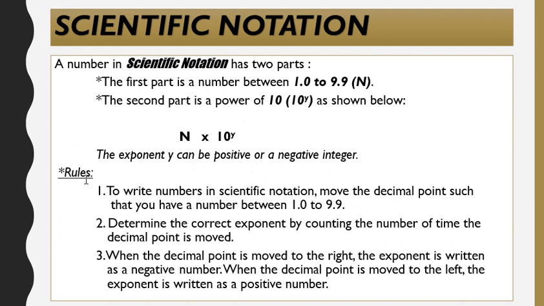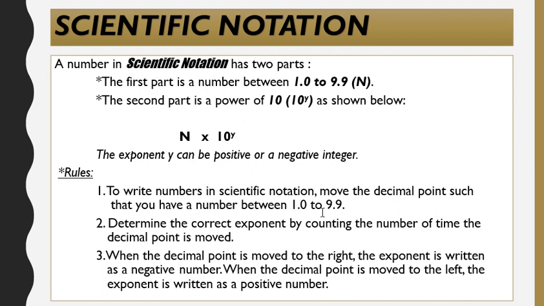Now, what are the rules? First, to write numbers in scientific notation, move the decimal point such that you have a number between 1.0 to 9.9. So we move the decimal point. Next, determine the correct exponent by counting the number of times the decimal point is moved.